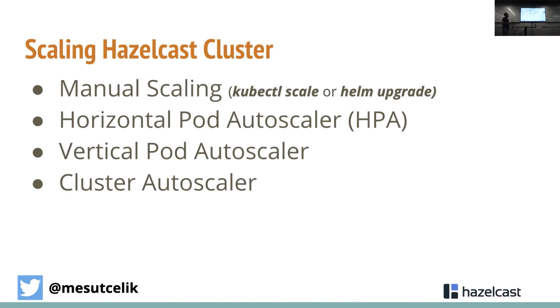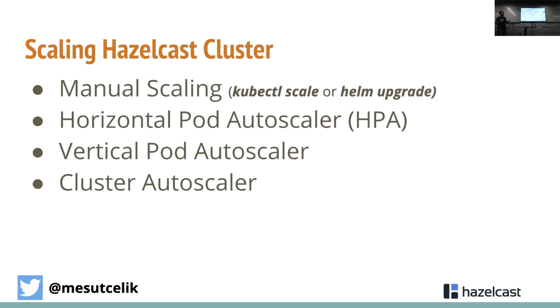The other option is the horizontal pod autoscaler. Based on your resource metrics and custom metrics, you can autoscale your cluster. What it means for this resource metrics concept in Kubernetes is that Kubernetes is constantly checking your pods and nodes, CPU and memory usage.